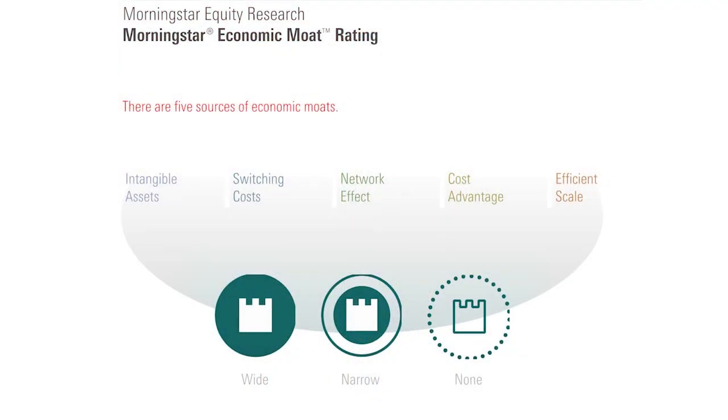Then you've got cost advantages. Here you can think of your traditional economies of scale, where you're spreading your fixed costs over a wider base of users, as well as simply having a process that is better than its competitors, and therefore you're able to produce something more affordably. And then the last moat source, which is the least frequent one, and that is efficient scale.